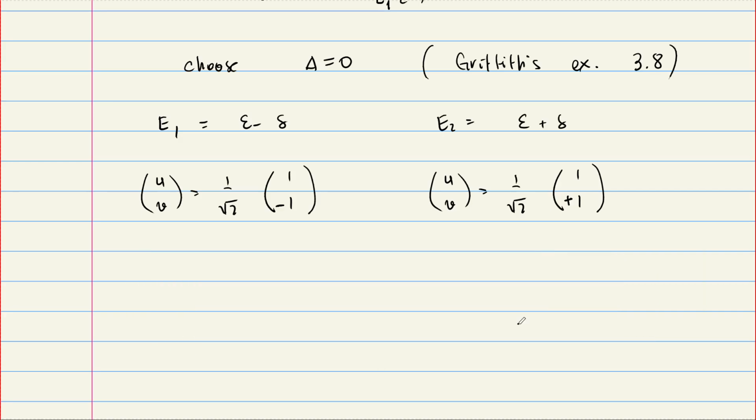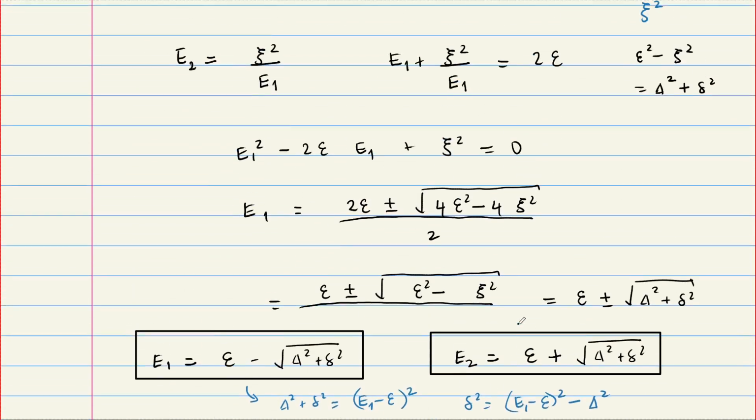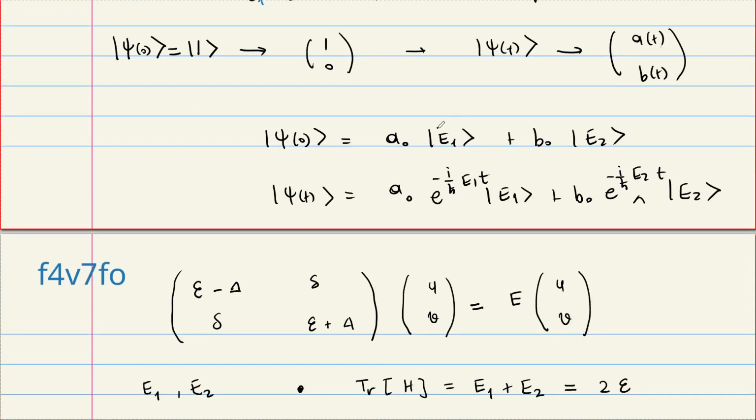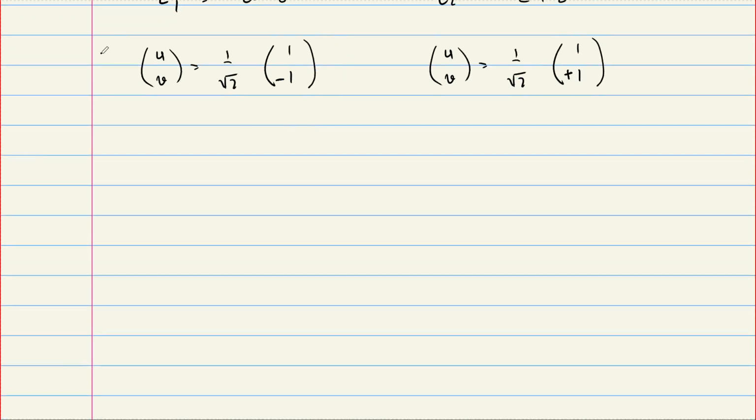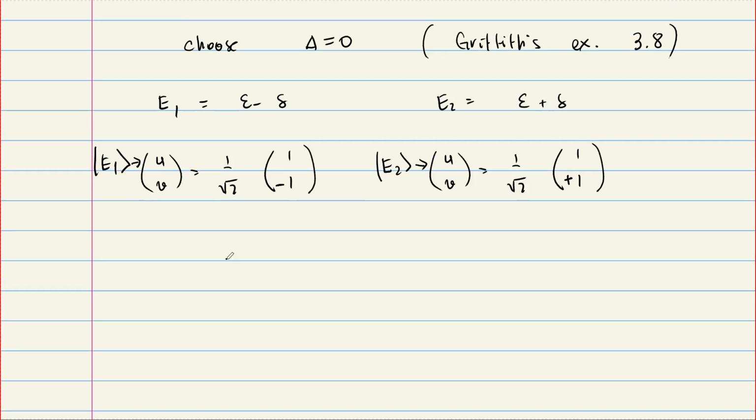So what did we do? The program was first find eigenvalues and eigenvectors. We have now E1 and E2, and we need to express the given initial state in terms of these eigenvectors. So this is E1 represented by this. This is E2 represented by this. And the initial state is 1, 0. It is equal to 1 over root 2.